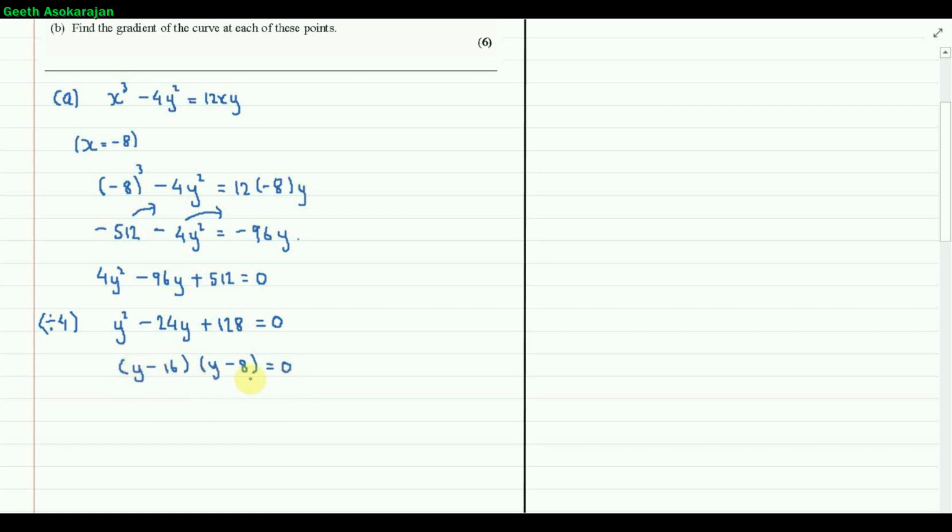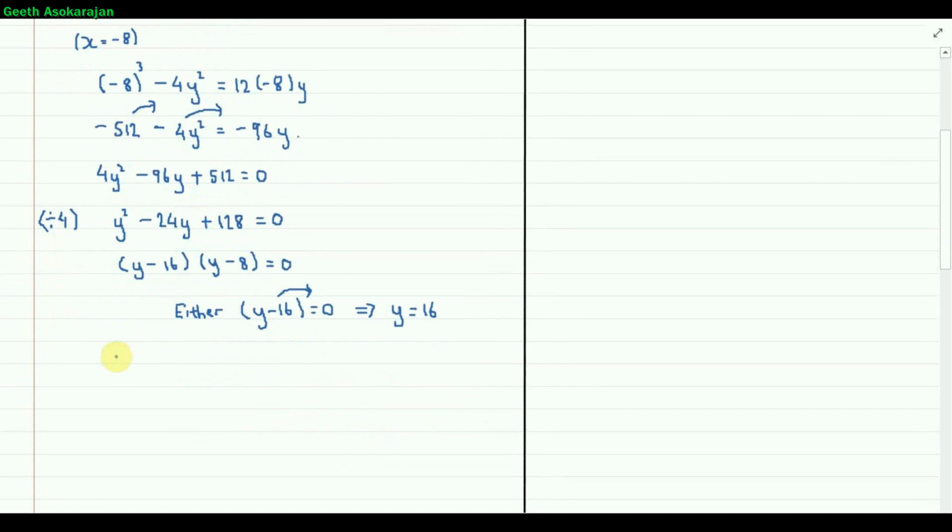Judging by this factorized expression, you've got two answers for y. Either the first term, y minus 16, is equal to 0, and when you rearrange this, moving the minus 16 to the right gives plus 16 for one of the answers for y.